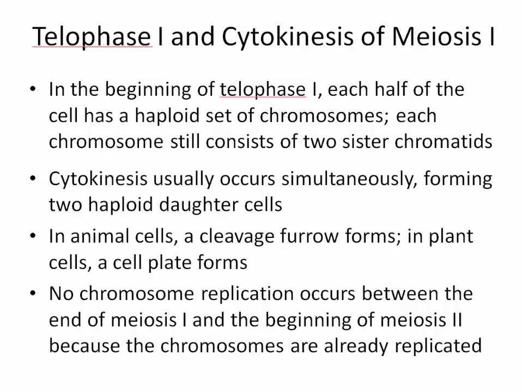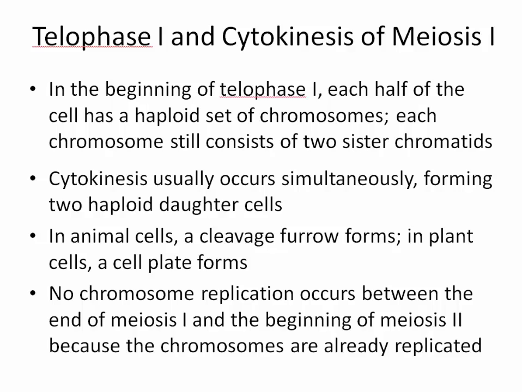In the beginning of telophase 1, each half of the cell has a haploid set of chromosomes. Each chromosome still consists of 2 sister chromatids. Cytokinesis usually occurs simultaneously, forming 2 haploid daughter cells. In animal cells, a cleavage furrow forms. In plant cells, no cleavage furrow, but a cell plate forms, and we looked at that in mitosis.